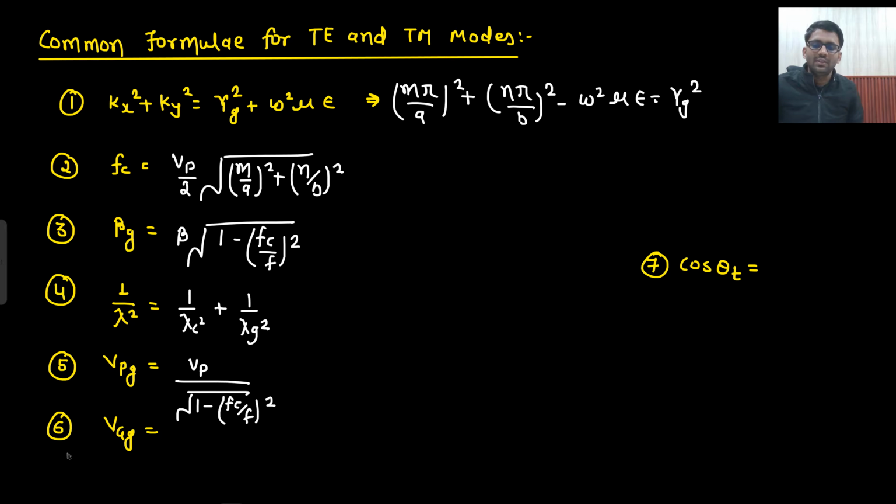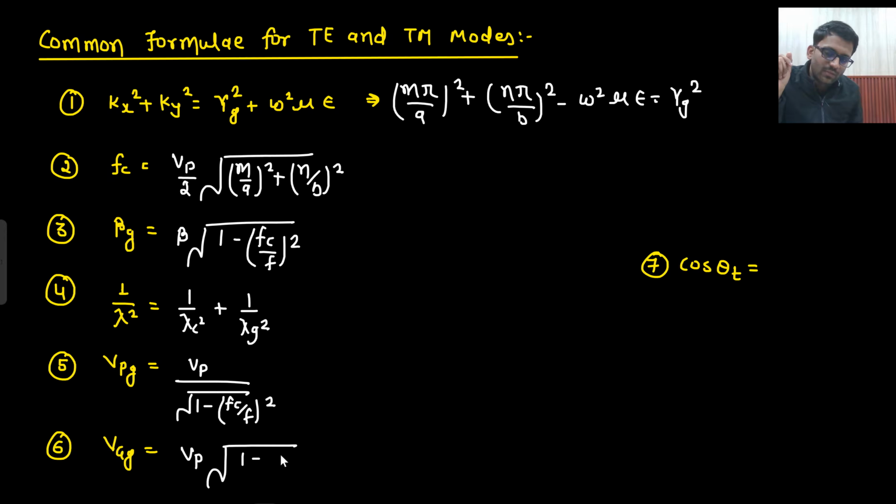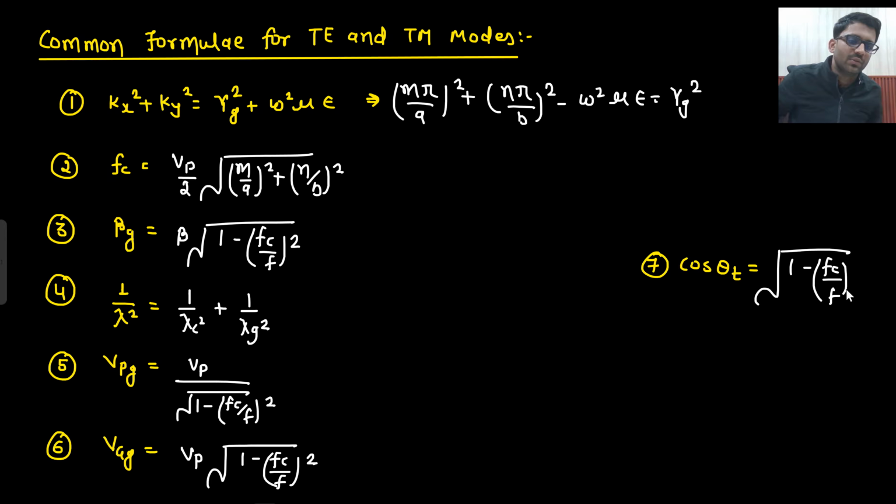And what is your VGG? For VGG, whatever comes, that will come with VGG. And what was your tilt angle? Cos theta t, that was equal to under root 1 minus (fc by f) whole square.